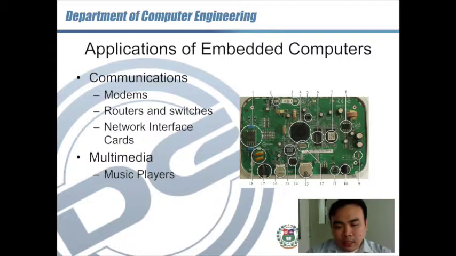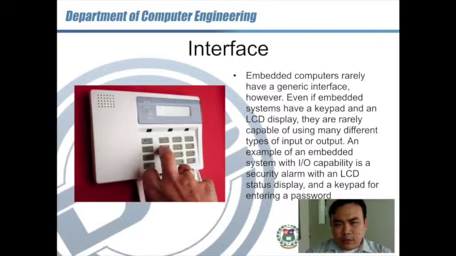Now, an embedded system is also attributed with key features, such as having an interface. Let's say, for example, if you want to interact with an embedded system, usually we find displays, keyboards, and so on and so forth. But it's not entirely true, because embedded systems could function without human intervention.